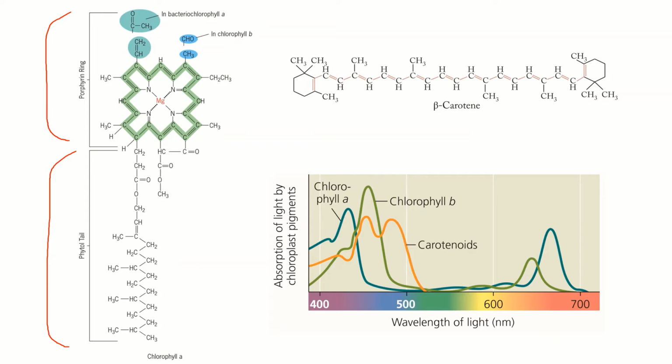And chlorophyll B absorbs more of a bluish color of light and a little bit of orange, and it's yellow-green in color as compared to the blue-green color of chlorophyll A. The carotenoids absorb mostly violet, blue, and a bit of green and reflect the rest of the colors, thus appearing orange.